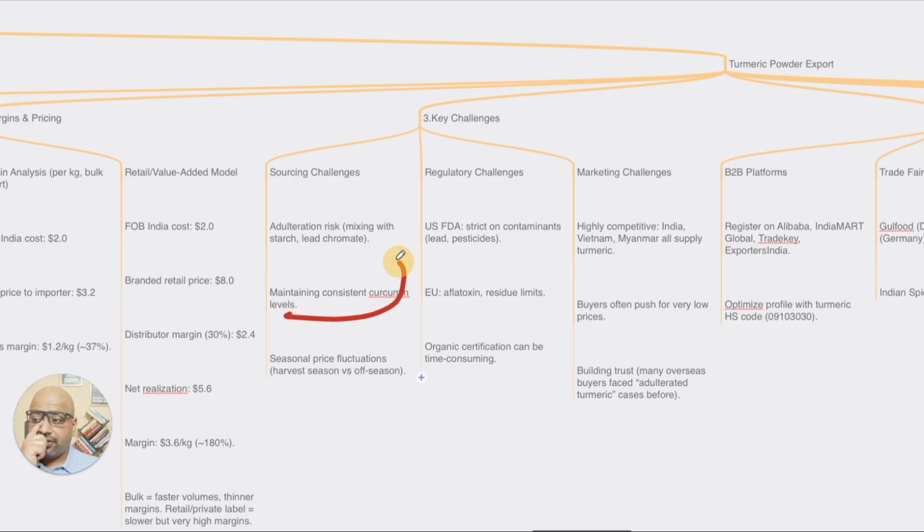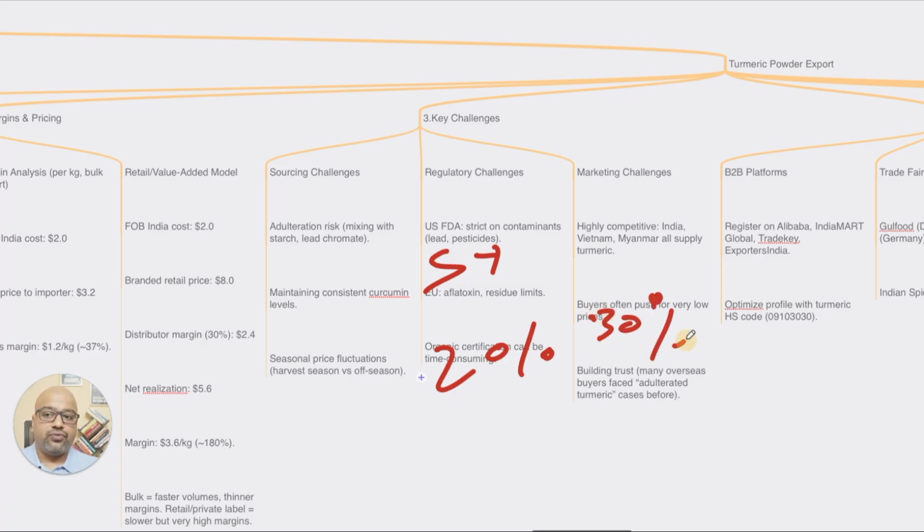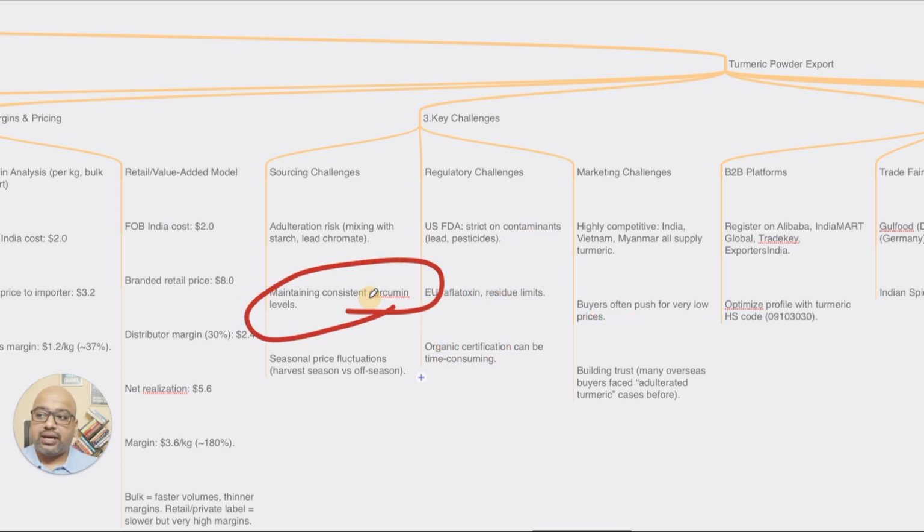Your container will be rejected for sure. Or they may go for a renegotiation on the pricing. What we are paying you is based on the curcumin level. You have quoted us for 5%, but now you have sent us 2%. Now we are going to deduct at least 30% of the order value. Then the whole business goes for a toss. Whatever effort, whatever attractive markets you've been looking for, that's gone.